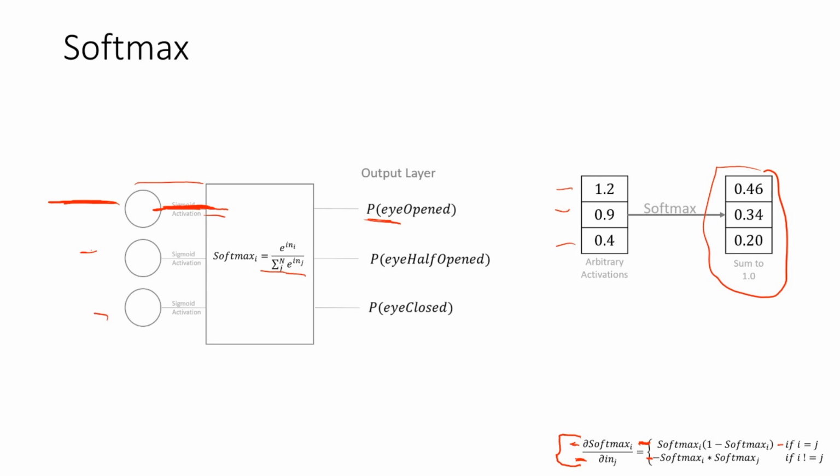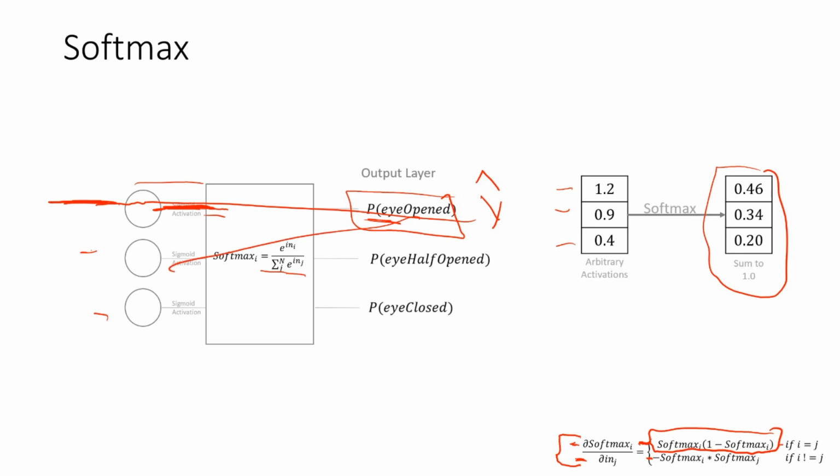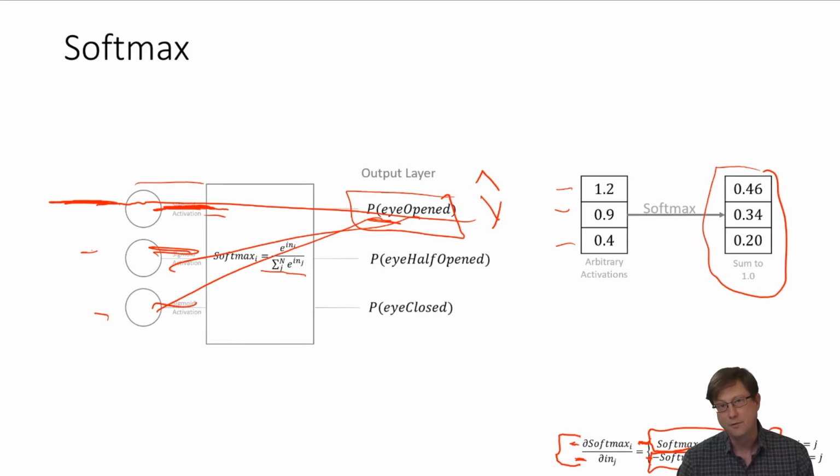So when we backprop from this one, we backprop through there using this as the derivative, and then we backprop through there and through there using this other thing as the derivative, because the outputs of these actually do affect the value of y hat for the probability that the I is open. Okay, that's all I'm really going to go through on the softmax. What you need to remember is that it's commonly used at the end of a neural network when you want to take multiple possible outputs and convert them into something a little more cohesive and consistent that you can interpret as a probability.